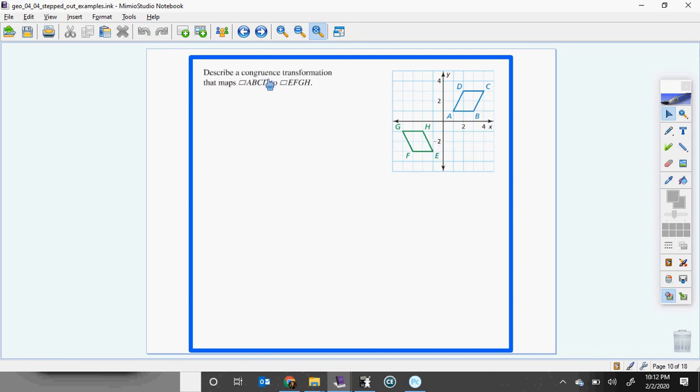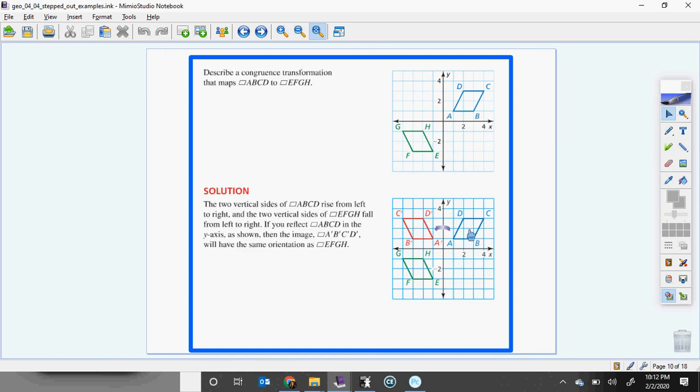So my congruence transformation would be a reflection about the y-axis, and then a translation down 4 units. So it says they reflected it about the y-axis and then shifted it down, or translation, down 4 units.